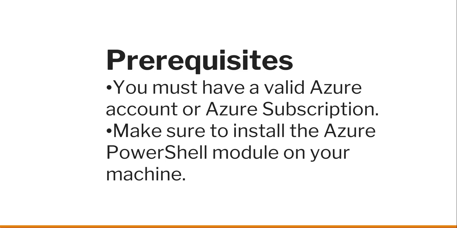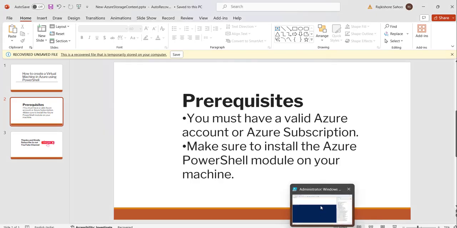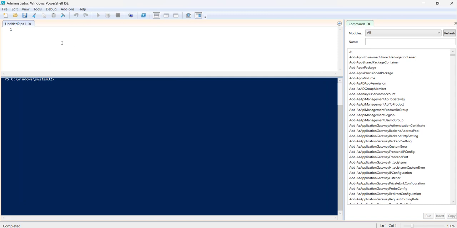Okay, now let's navigate to PowerShell ISE. I have already opened the PowerShell ISE in run as administrator mode. You can see it here. So basically, what we will do here is, first, we will connect to Azure with a PowerShell command. Second, we need to create a new resource group that we are going to use to create the virtual machine.